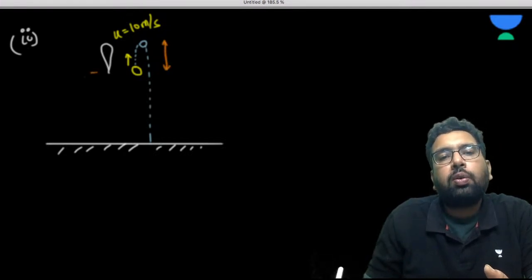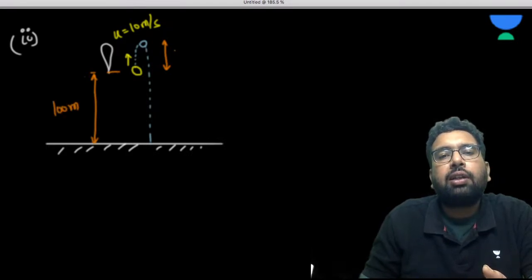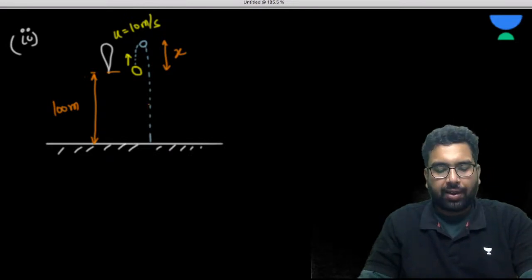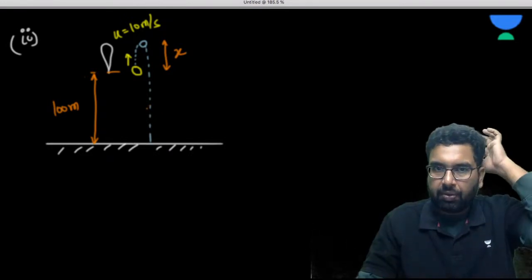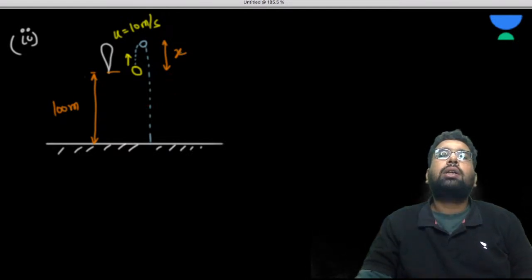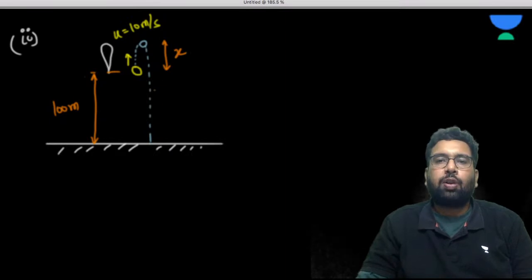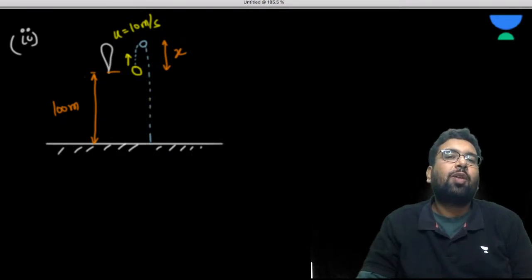This we know, this is 100 meter, and if this is, let's say, x, we want to find this x, because if x is found, you know the maximum distance this stone reaches from the ground. We'll add this x to the 100, of course.